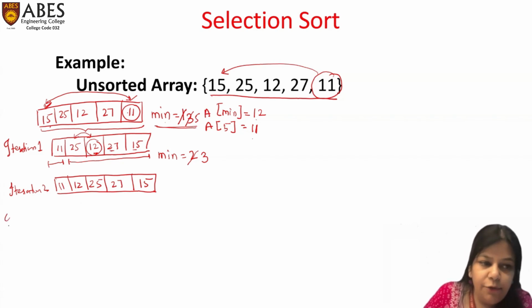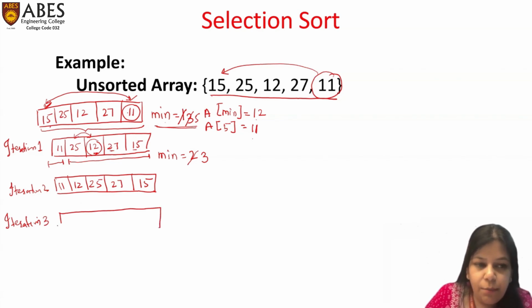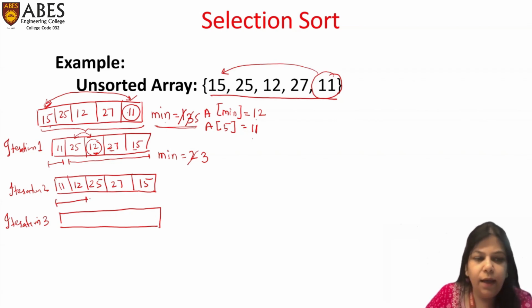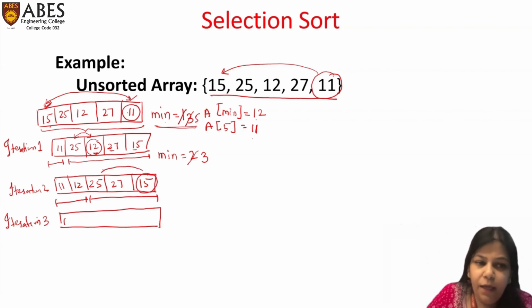Right. In the similar way, in the next iteration, iteration number 3, now as you can see, these two elements are now part of the sorted array and the rest of the elements are the unsorted array. So for the next iteration, the minimum value that we will get is 15, and this will be swapped with the beginning of the unsorted array.